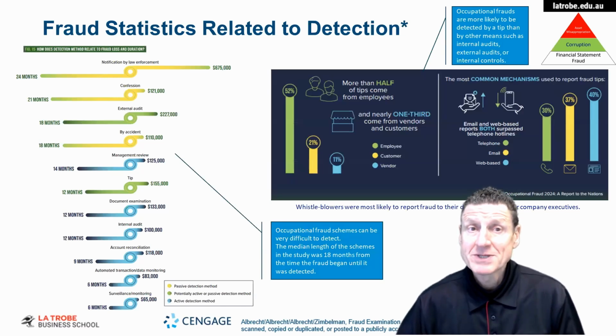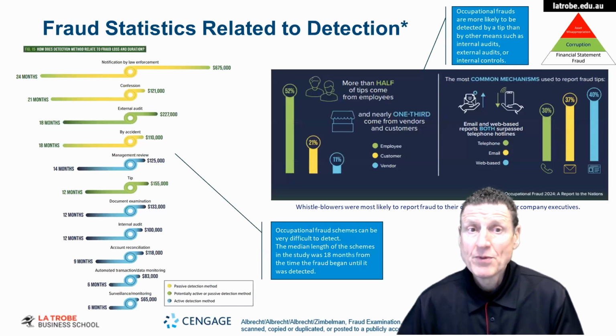Surveillance and monitoring shows that it's catching the fraud on average within 6 months. Automated transaction data monitoring is catching it in 6 months. Account reconciliation, 9 months. Internal audits, document examinations, and tips are revealing frauds within 12 months.